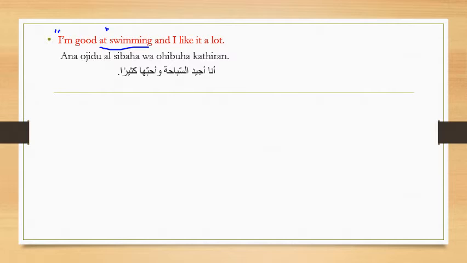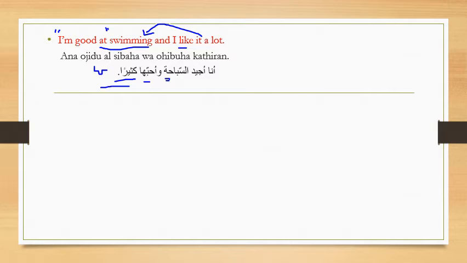Now, and I like it a lot. And is what? Like is أحب, because the word like in Arabic is always أحب. I like it. We're talking about swimming here, and notice swimming has تاء مربوطة, so here you have to use ها. وأحبها. A lot is كثيرا, يعني so much. So أنا أجيد السباحة وأحبها كثيرا.